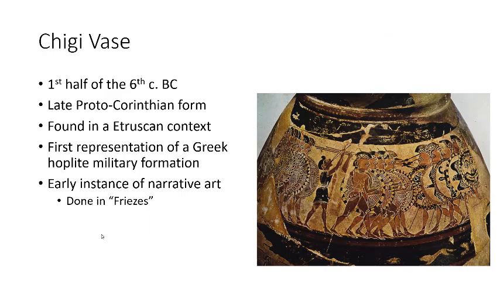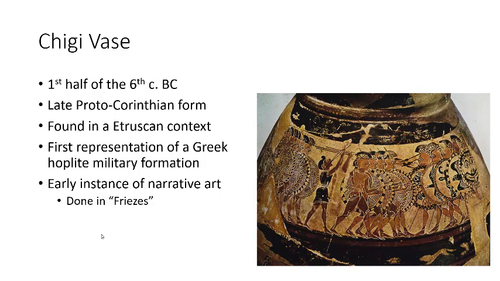First half of the 6th century BC. This is towards the end of, let us say, Corinth's reign over ceramic popularity. We get this really cool example, which we call the Chigi vase. It's a Proto-Corinthian form, but it's found in an Etruscan context. In fact, probably most of the truly amazing vases that we have found through archaeology have been found in Etruscan contexts, predominantly in tomb contexts.